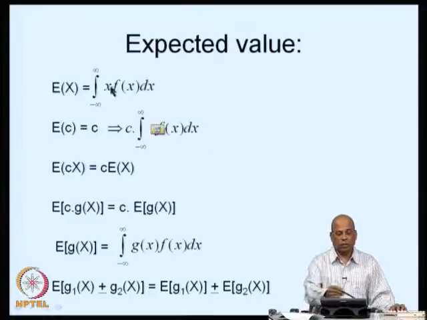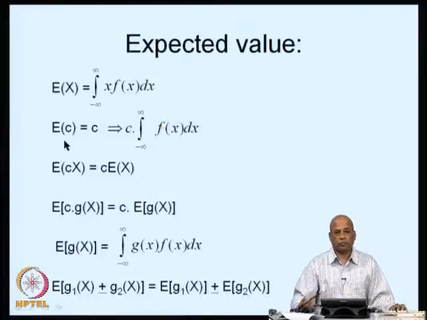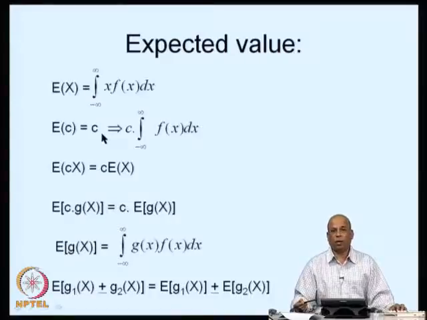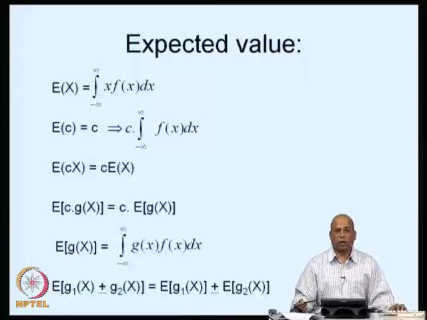That is, instead of the expected value of x, we are talking about the expected value of a constant. The integral of f of x dx from minus infinity to plus infinity is equal to 1, and therefore the expected value of C turns out to be C itself. So, the expected value of a constant is the constant itself, which is quite obvious in the sense that you are given a random variable whose probability density function is known, and you are asking for the expected value of 5. So, the expected value of 5 will be 5 itself.